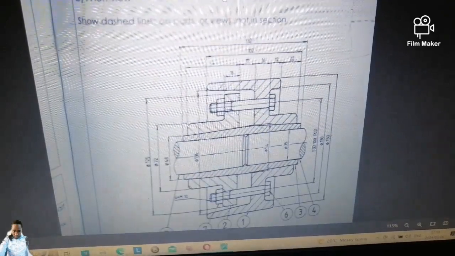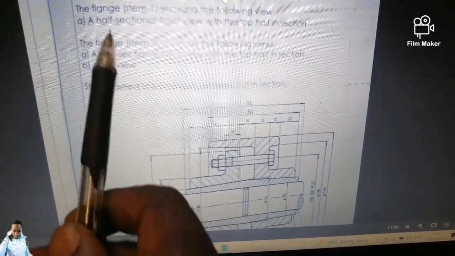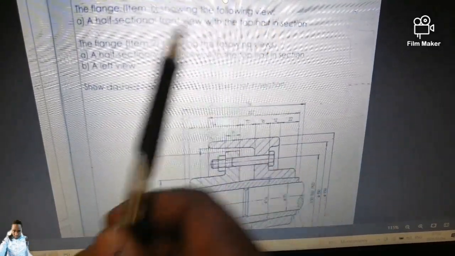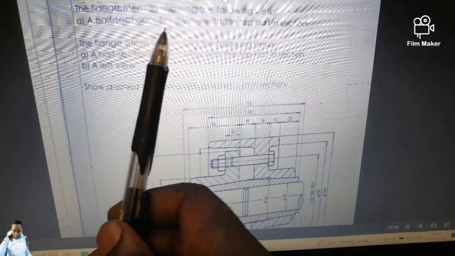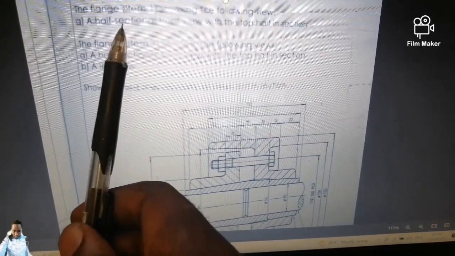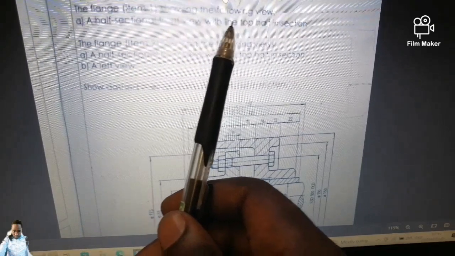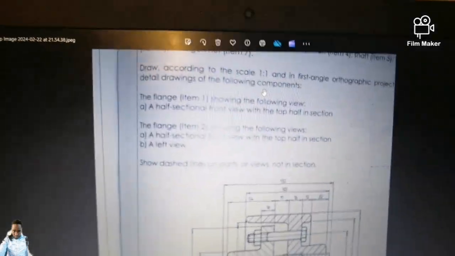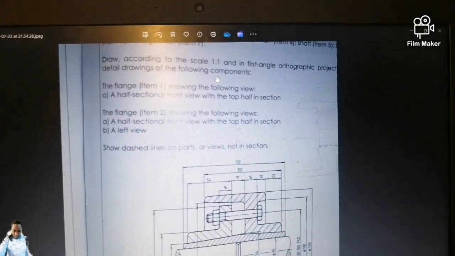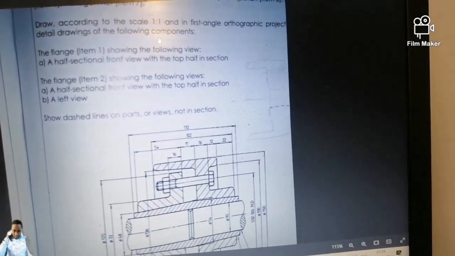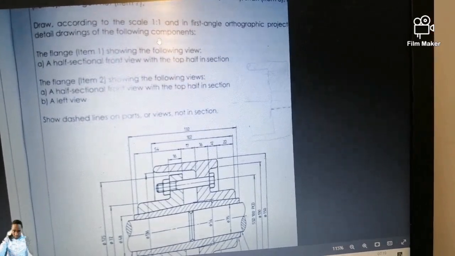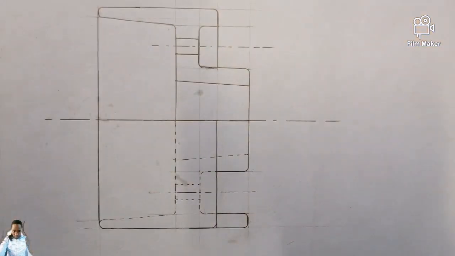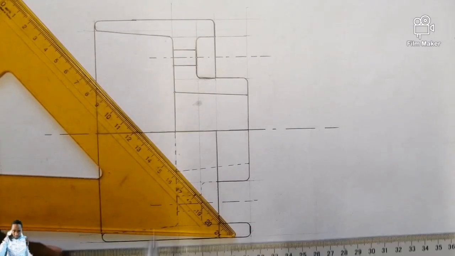Remember that the question was: a flange, item 1, showing the following views: a half sectional front view of item 1, the front view of item 1 with the top half in sectioning, you understand? So now you can section here.